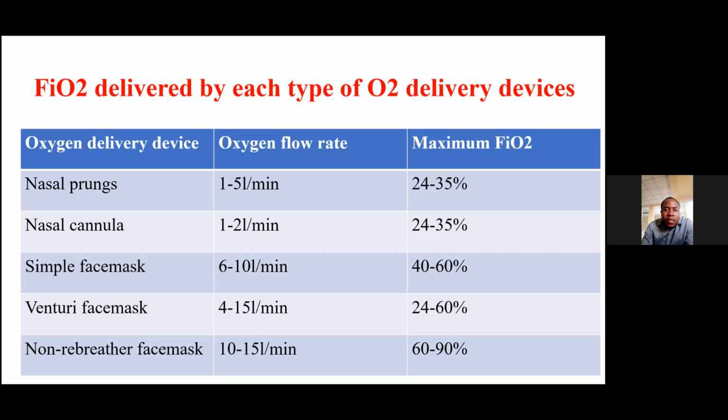The facial mask, which is a simple one without a reservoir, you can give from 6 to 10 liters per minute, and you provide 40 to 60% FiO2. Then the Venturi mask, which can go up to 15 liters, and you can also use a non-rebreather facial mask, which can provide between 60 to 90% FiO2. Next slide.